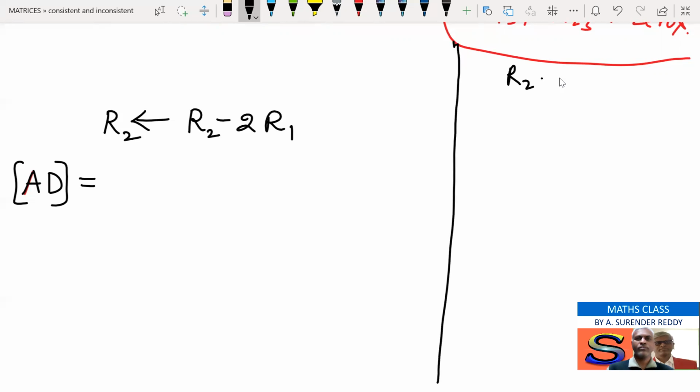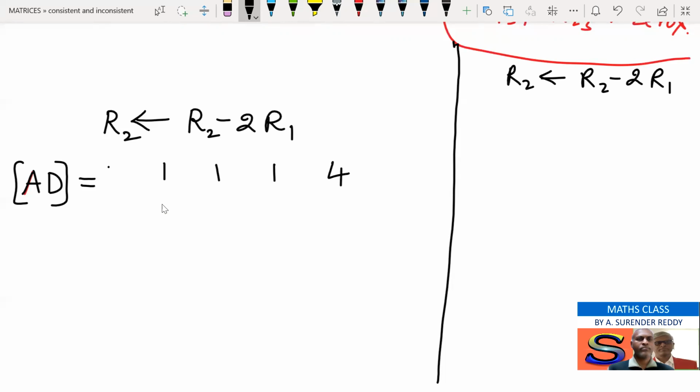In R1, let us write the elements as it is, 1, 1, 1, 4. No change in R1.